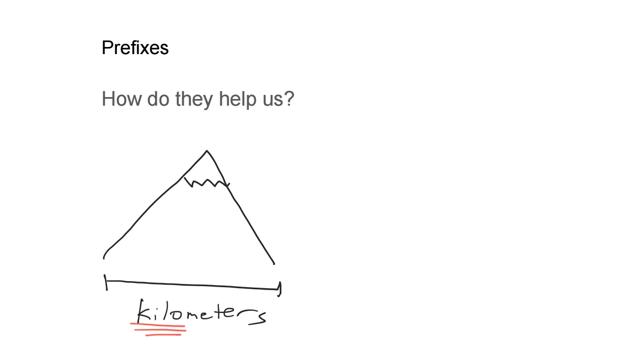And then let's say we want to measure something really small, like we'll just draw a little bacterium. And better give it some organelles in there. This right here, we still want to measure its length, and length is based off of the meter, but now we'd have to use a really tiny number, and really tiny numbers are a 0 with the decimal point and then a lot of zeros.